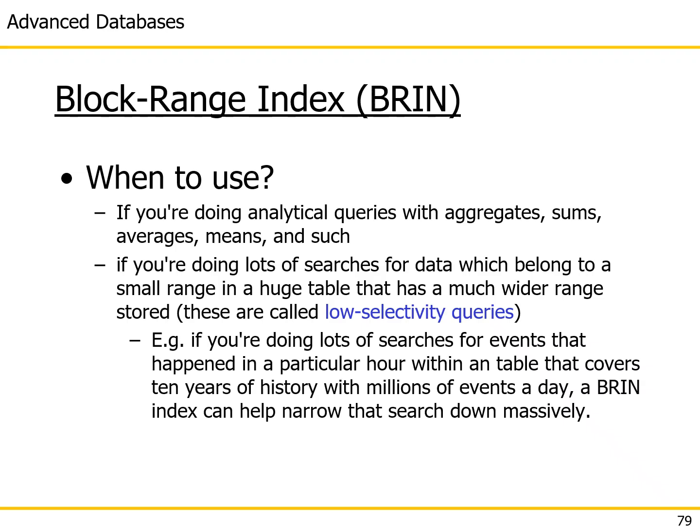Now, mean calculations are very interesting because there are approximate mean calculations that will enable you to calculate an approximate mean, not the exact mean, using the BRIN values, the ranges that appear in the BRIN.